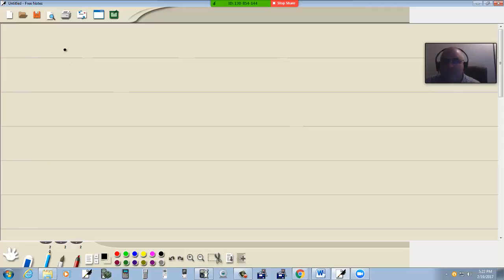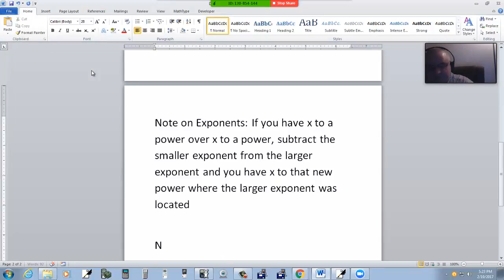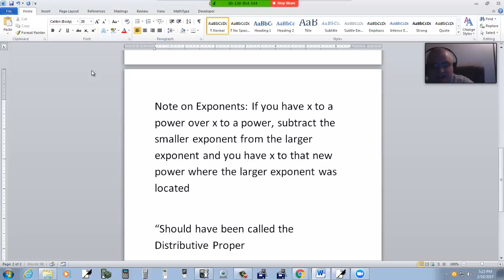And we have one more property that we want to focus on. x squared y to the 3rd, to the 5th power. Now this should have been called the distributive property of exponents. It's not, but that's what it should have been called.